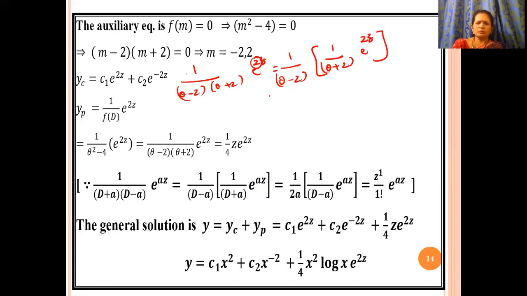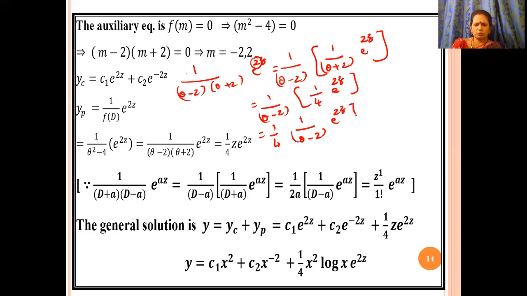Now substitute the value 2 in this. Keep 1 by (theta minus 2) as it is, and substituting 2 in the other factor gives 2 plus 2, 4. So 1 by 4 outside, and inside 1 by (theta minus 2) into e power 2z.